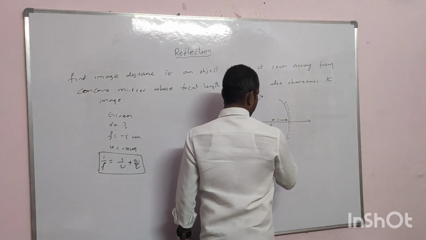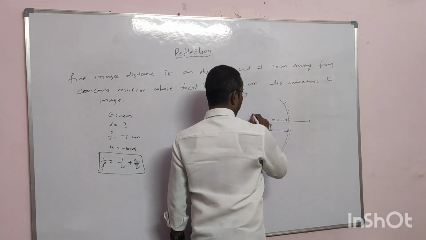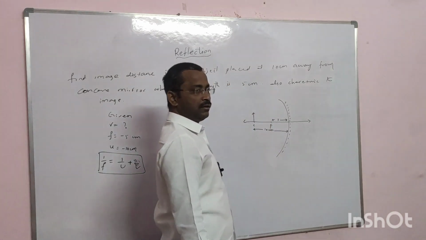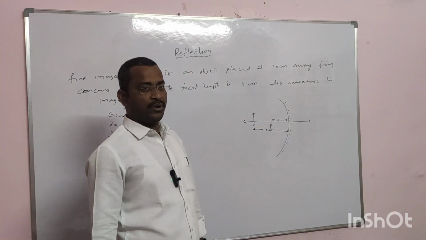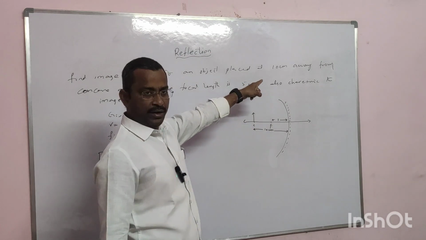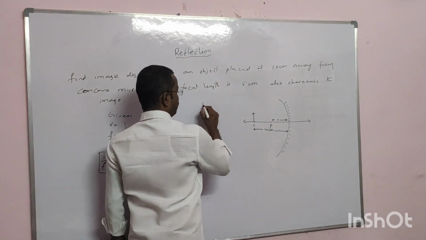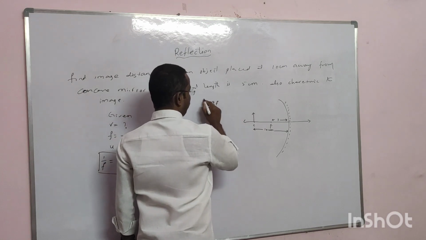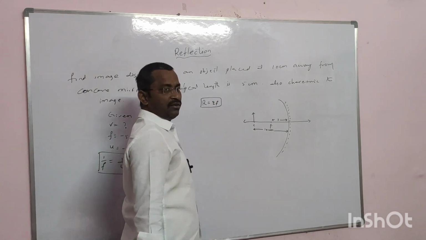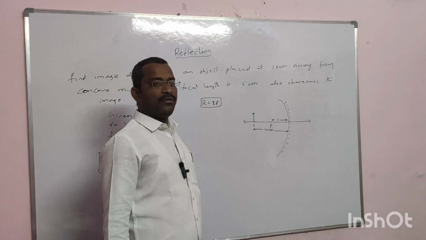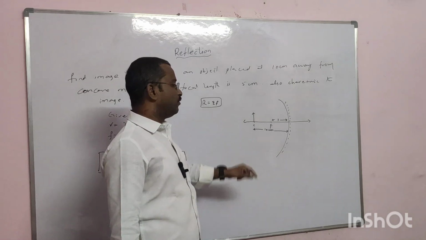He said 10 centimeters, so you have placed your object at C, because of 5 centimeters focal length. You have a relationship R = 2F. Radius of curvature is going to be double of the focal length.